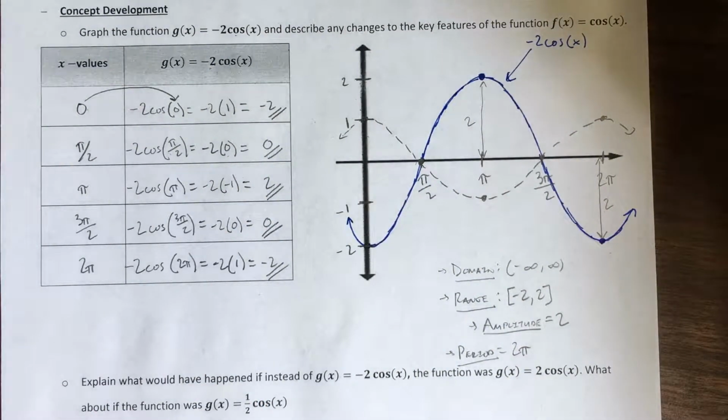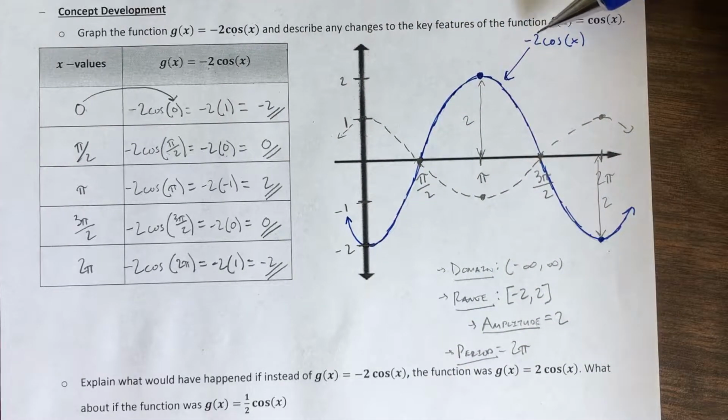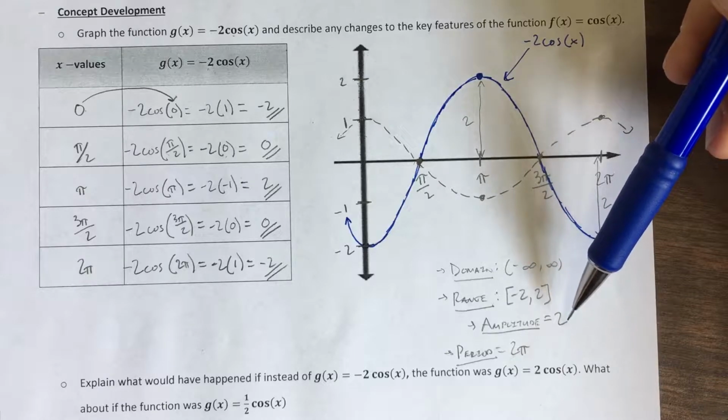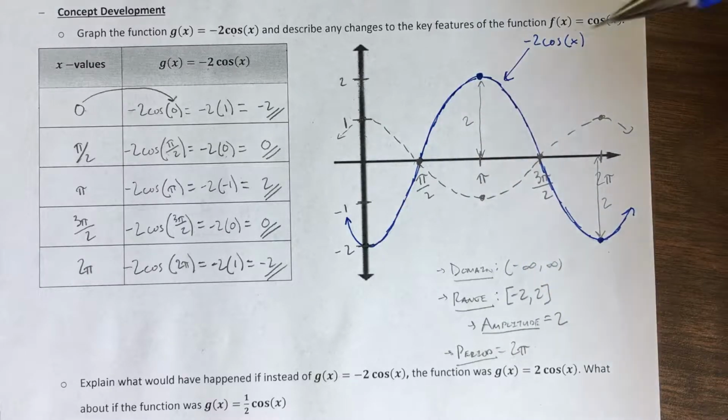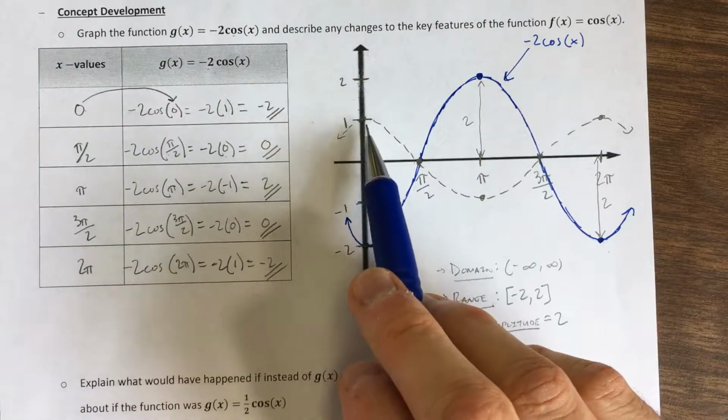And in class, we talked about what's changing. Because we're multiplying our parent function, in this case cosine, by -2, that changed the entire amplitude to 2. What also changed is, notice here, our cosine function started on the positive y-axis.